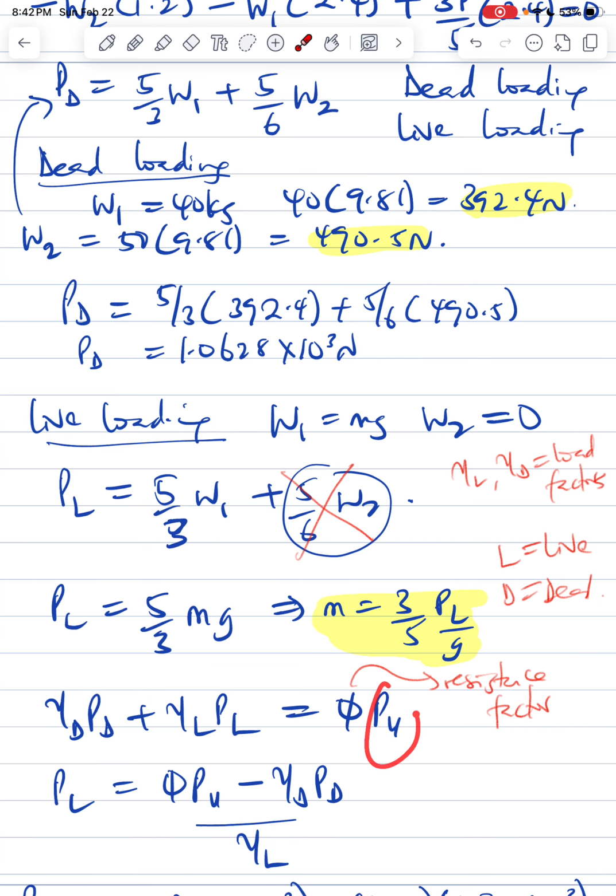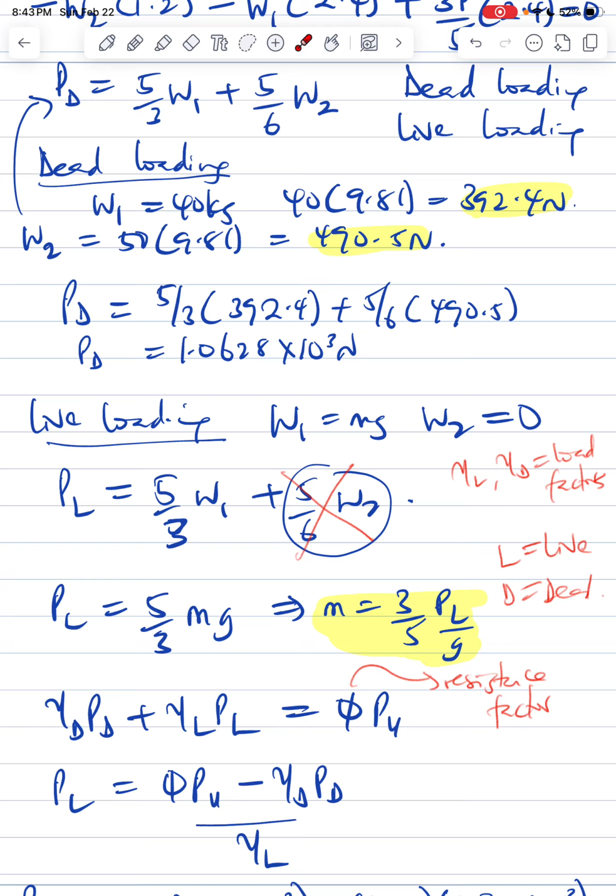And of course, for this ultimate load, you need a resistance factor. You can't safely use all of this ultimate load, because that's pretty risky. So you multiply by the load factors, which is gamma D for the dead load, and gamma L for the live load.